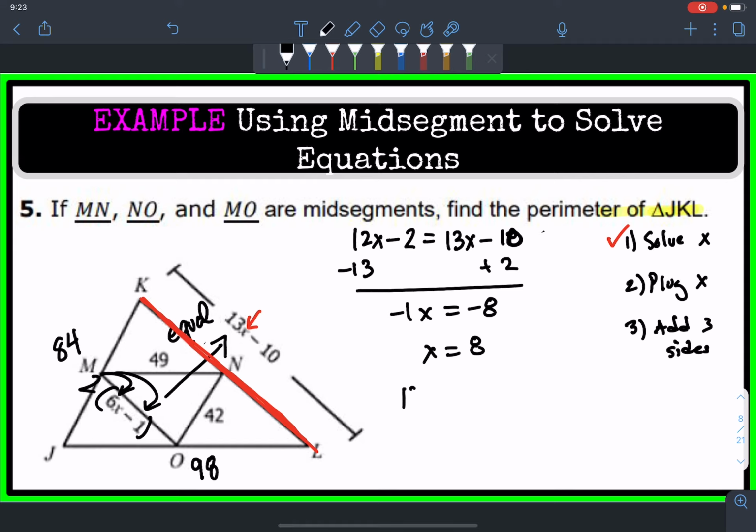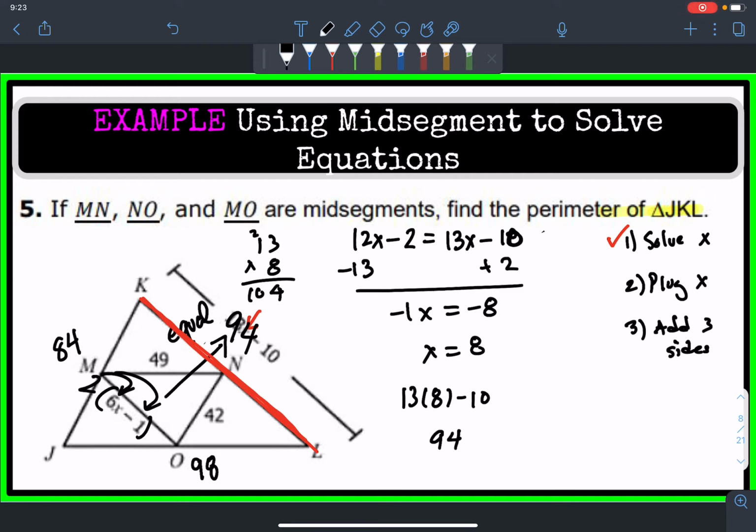So 13 times 8 minus 10 is what I'm going to do. I'm going to plug in this 8 right there, where 13 times 8 is 104, and 104 minus 10 is equal to 94. So the measurement here is 94.